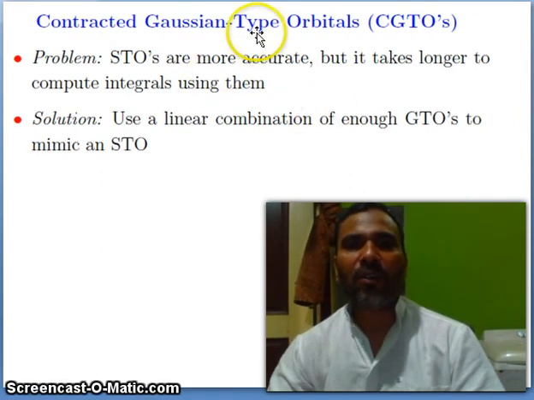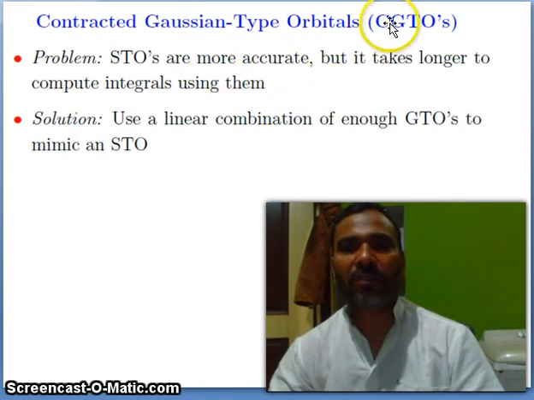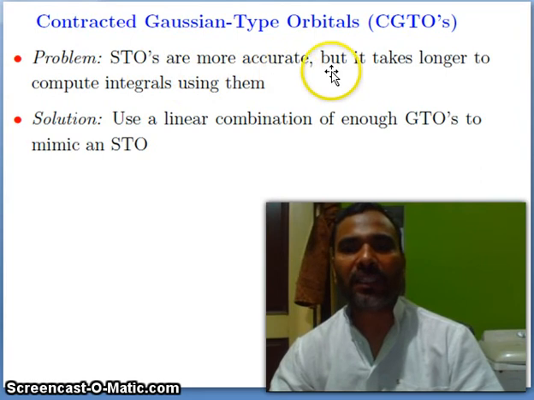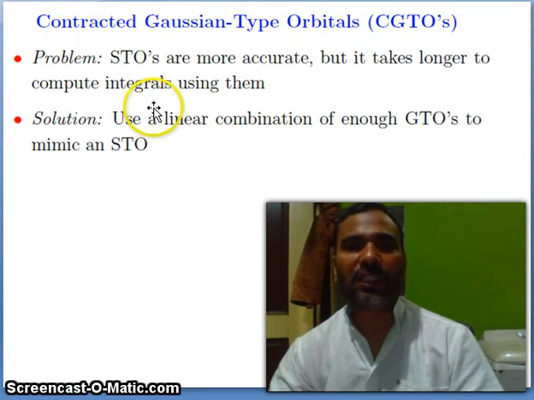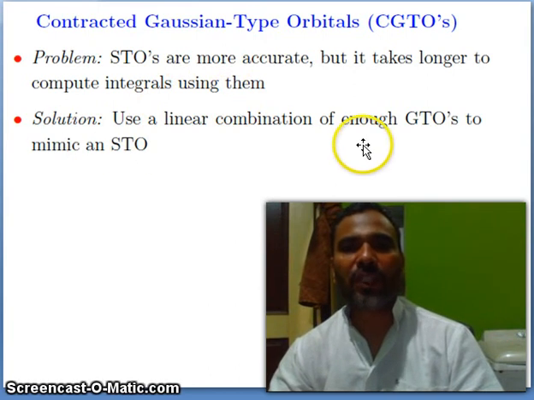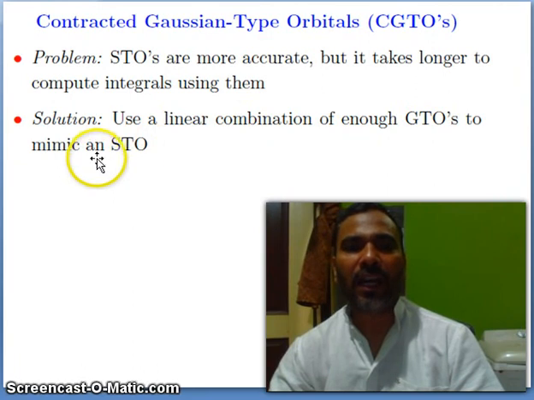Now contracted Gaussian type orbitals. First Gaussian type orbitals, now contracted Gaussian type orbitals. Problem: Gaussian type orbitals are more accurate, but it takes longer to compute integrals using them, because solutions use a linear combination of enough GTOs to mimic an STO.